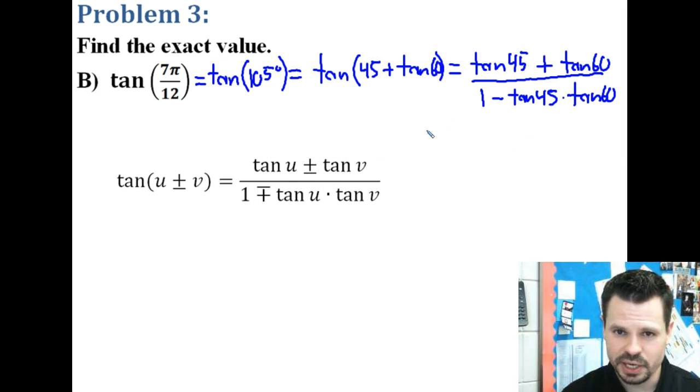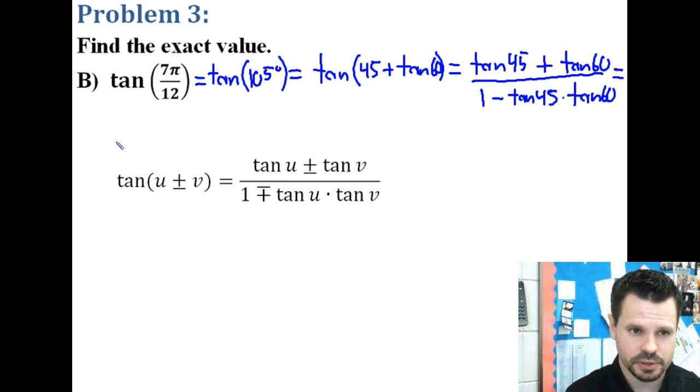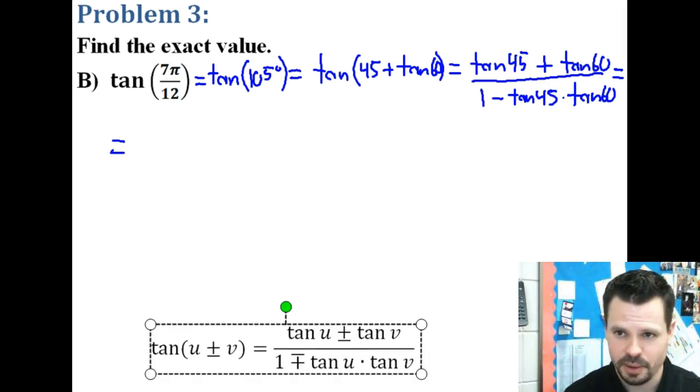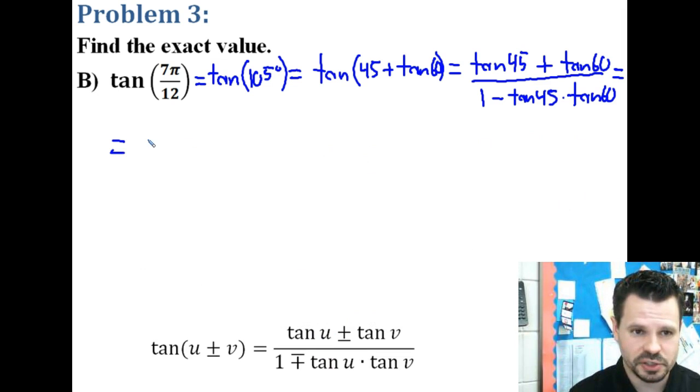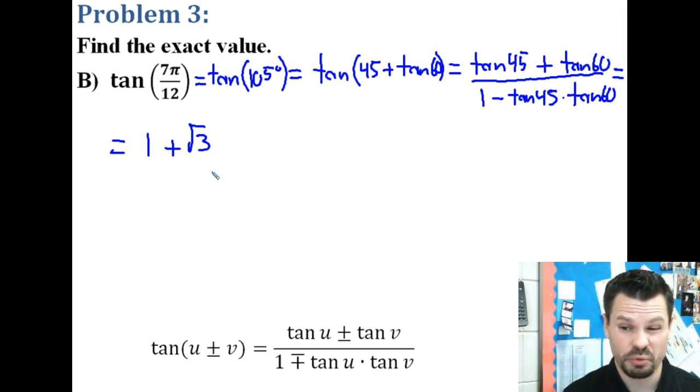We can evaluate each of these parts here. So I'm just going to go over here. This one won't take up quite as much room as the last problem. Tangent 45 is just a 1 once again. Tangent 60 is a root 3 if I use my special right triangles. Root 3 over 1, which we'll just call a root 3, so no extra fractions in the numerator.